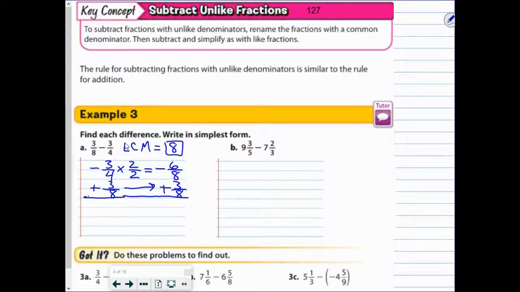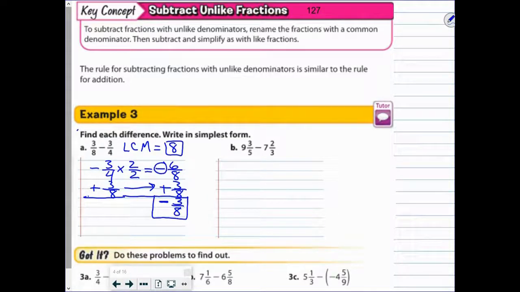Since my signs are different, I'm going to subtract to get my answer. 6 minus 3 is 3. The denominator does not change. And then I need to take the sign of the bigger looking number because I subtracted. Having put the bigger looking number up on top, I know that it is negative. Since I cannot simplify, that means I am done with this problem.